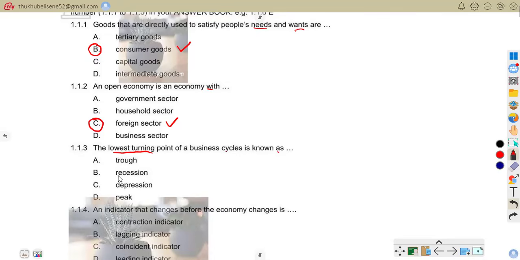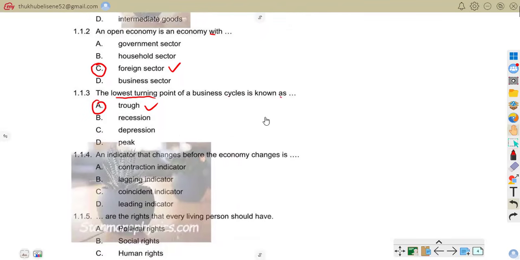The correct answer is A, a trough. This is the lowest point of economic activity during the business cycle. For example, when many businesses close and unemployment is very high, we call that a trough. Hope you are together with me. Now let us move on to 1.1.4.